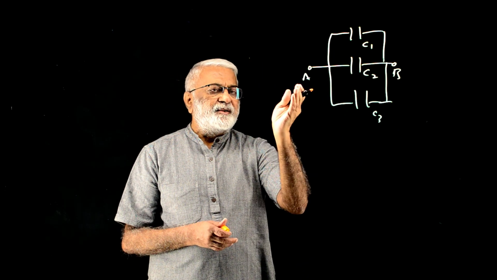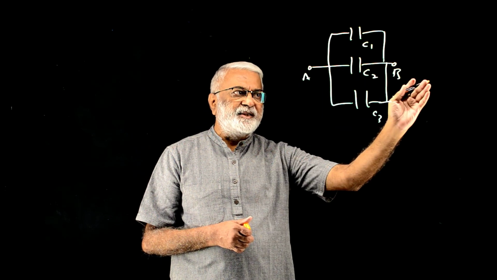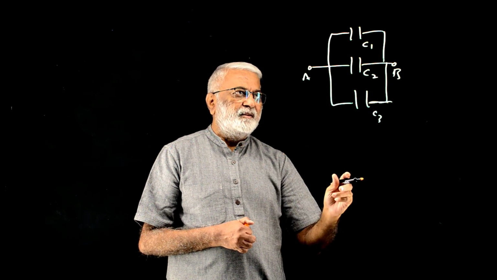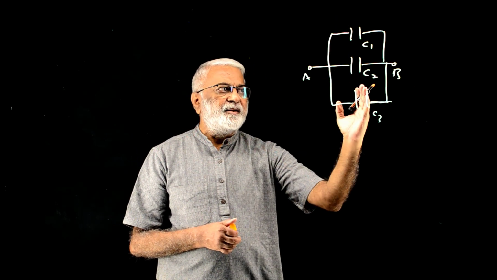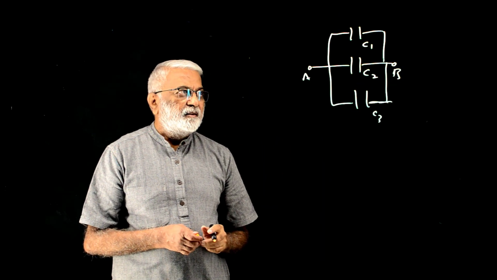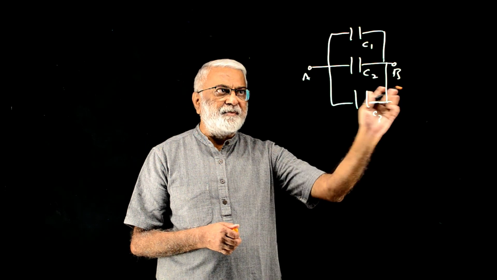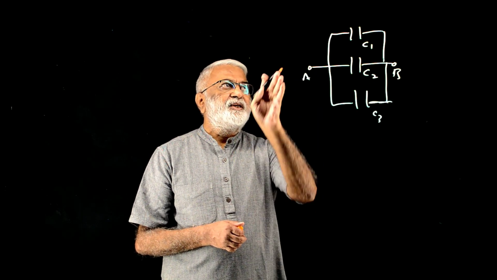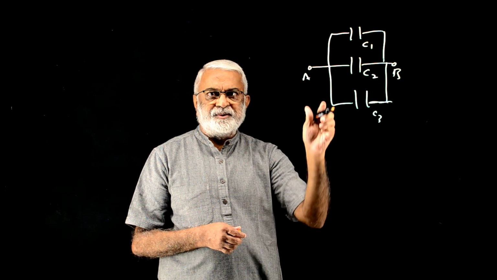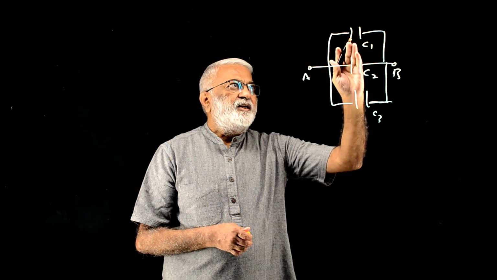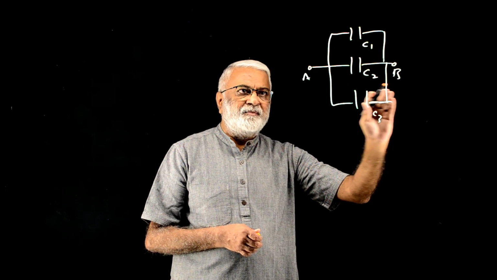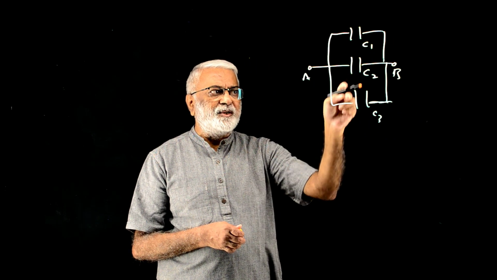All the left plates are connected to terminal A. All the right plates are connected to the terminal B. So all this set of plates connected to A and all this set to B. Now when you apply a potential difference between A and B, you connect a cell, charge Q flows onto these left plates, and the charge Q that flows in distributes into all the three.